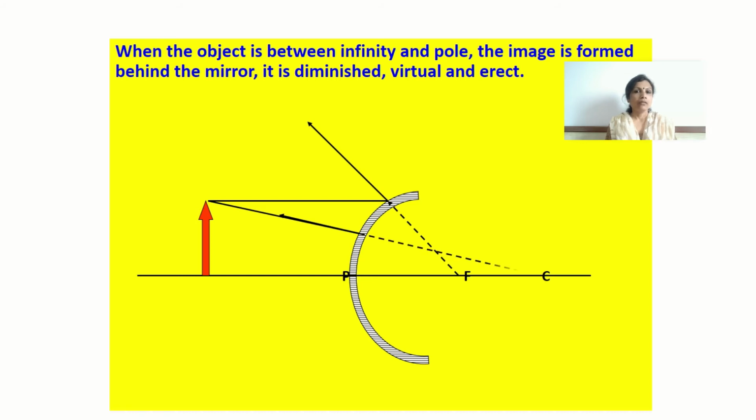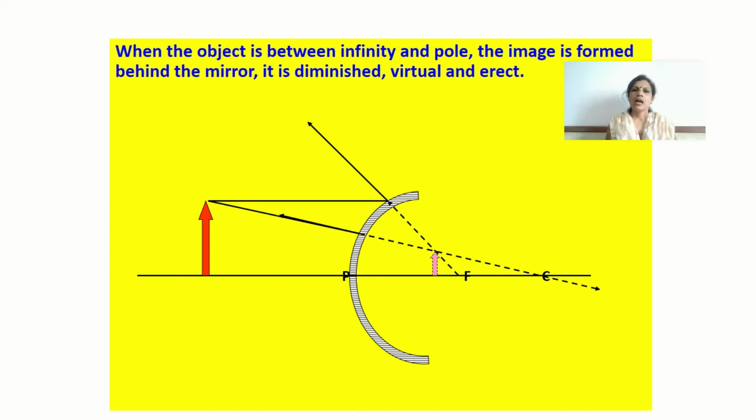So where the image is formed, can you see this particular position where both the rays appear to meet at one particular point, and that is the place where the image is formed. So the image is behind the mirror, it is diminished, it is virtual, and it is erect. Now keep one thing in mind, that the position of the object will be anywhere between infinity and pole. The image will always be behind the mirror, image will always be diminished, virtual, and erect.